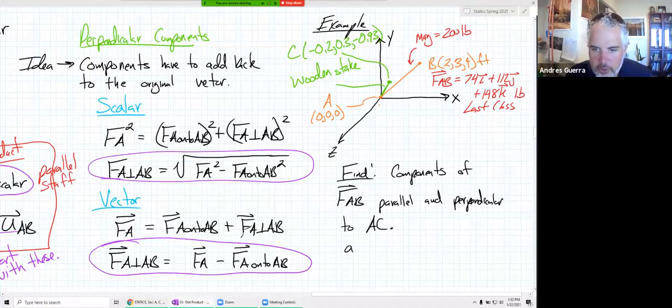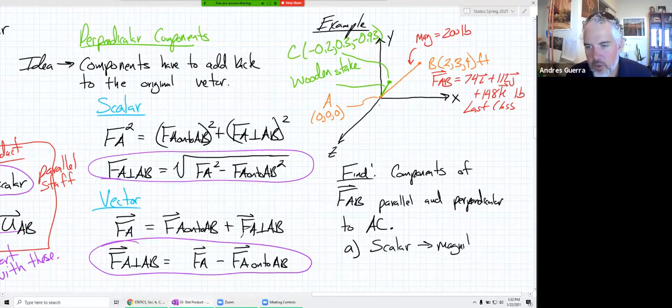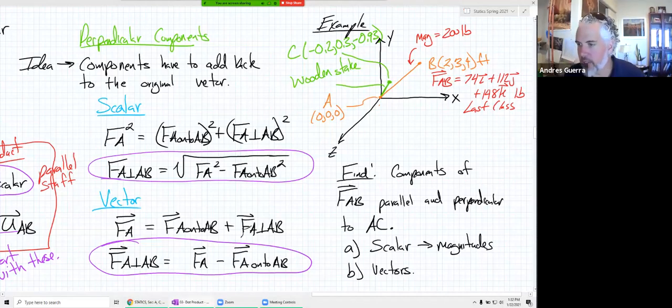And we want to do this for two parts. We want to do part A, the scalar stuff, so this means magnitudes. And then for part B, let's do the vectors. Then we can find the vectors that are parallel and the vectors that are perpendicular.